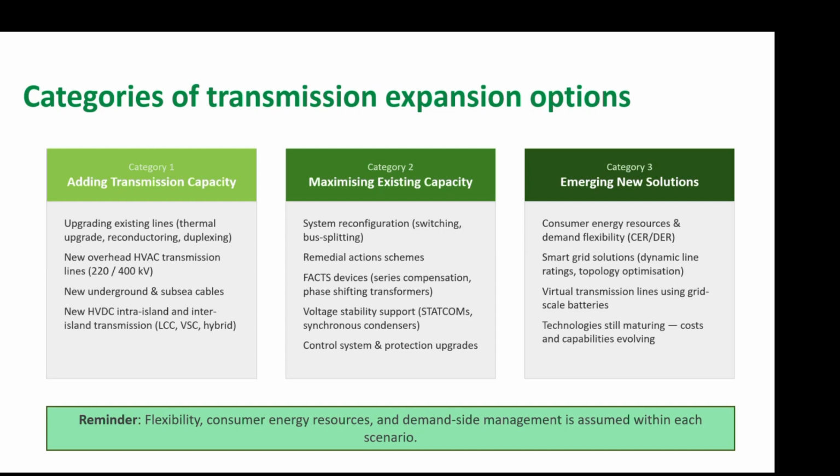So this is what we do every day, right? This is the foundation of good transmission planning and good asset management. It includes upgrading conductors, improving protection schemes, operational changes, reconfigurations, things like that. It's essentially sweating the assets that we already have. This approach does a really great job.